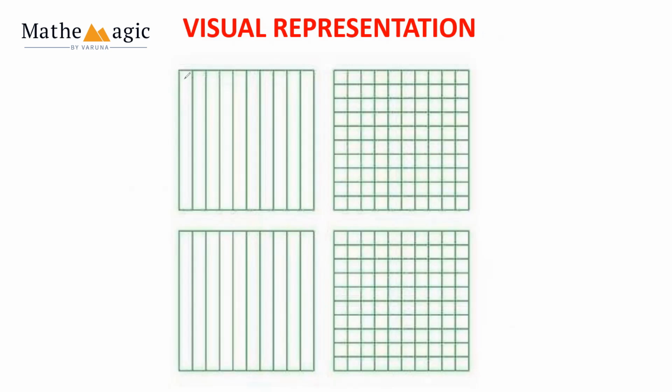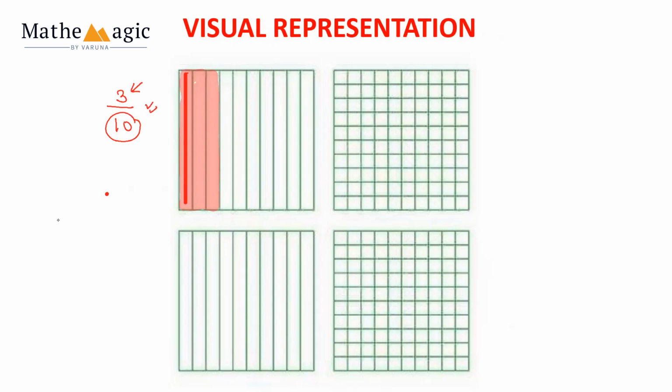Now suppose we color 3 parts out of these 10 parts. So what does the fraction turn out to be? The fraction becomes 3 over 10. Total number of parts are 10 and we have colored 3 parts out of it. So the fraction is 3 by 10, which is a decimal fraction.